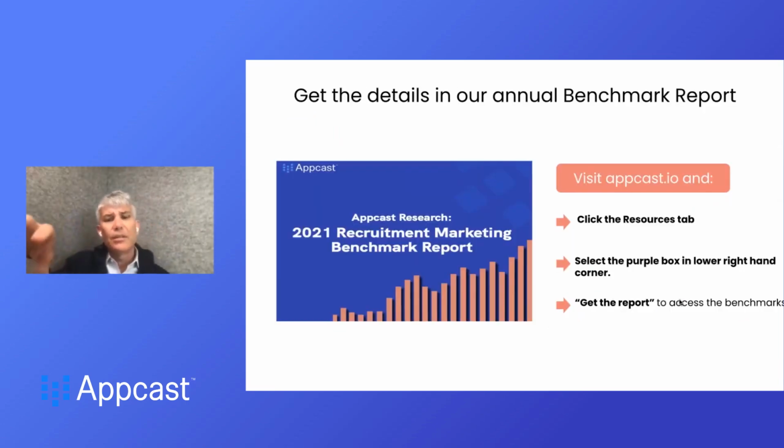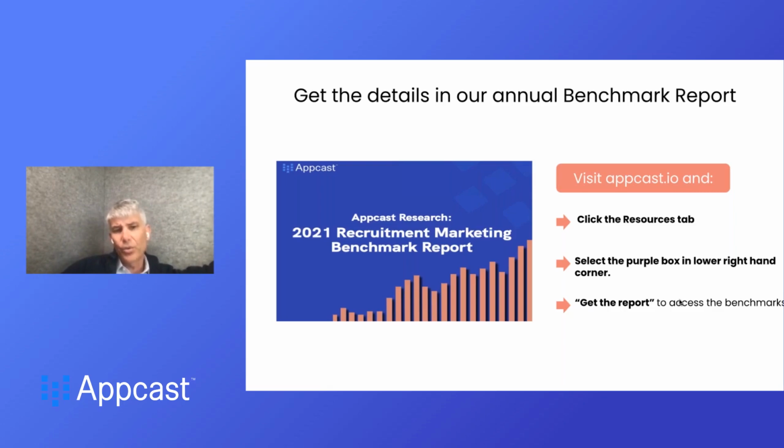Both of these ideas, as well as really great benchmark data, can be found for free in the Appcast benchmark report. Go to appcast.io, click on the resources tab, there's going to be a purple box in the lower right-hand corner, and get the report. We'll also send a link out to everybody in our follow-up email. This is super valuable because in the benchmark report, we also show you, by function and by industry, what the average apply rates are.